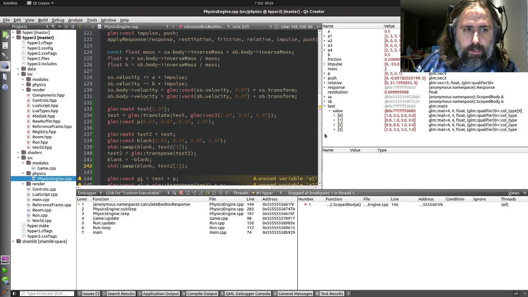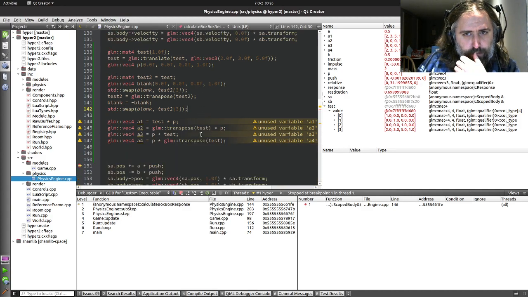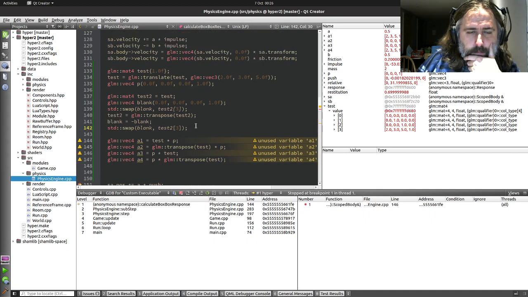So I think if I do that, actually, I don't know if I could just transpose the 3 by 3. Probably be easier.